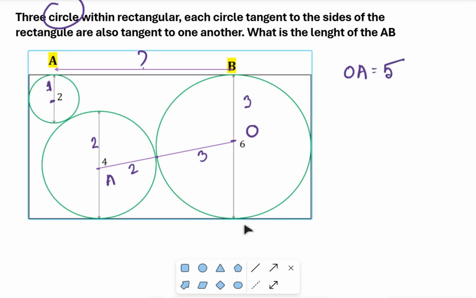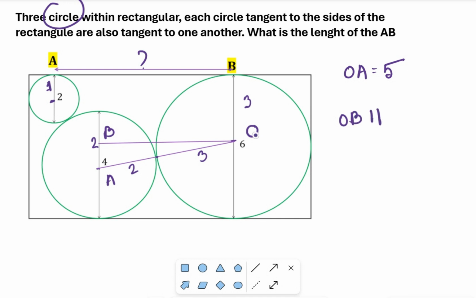Now we can draw another line from this center O to this point, let's say we define this one as point B. So OB is parallel to, let's say this is the P and Q side. So OB is obviously parallel to the PQ line.